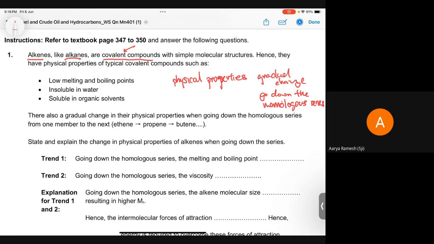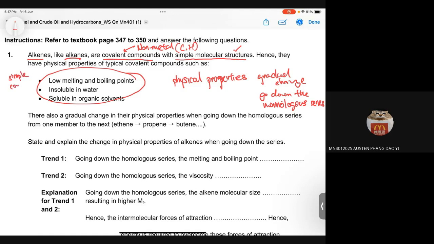But carbon and hydrogen, both of them are classified as what? Non-metals, correct. So why are alkenes and alkanes covalent compounds? Because they're made out of non-metals, which are carbon and hydrogen. They have simple molecular structure, which we covered already. Hence all the properties exhibited are that of a simple covalent molecular structure.